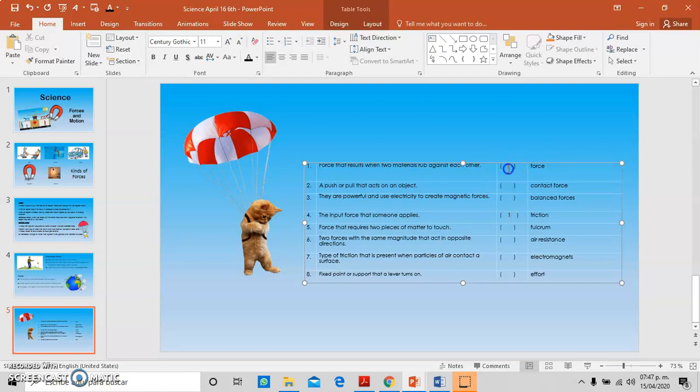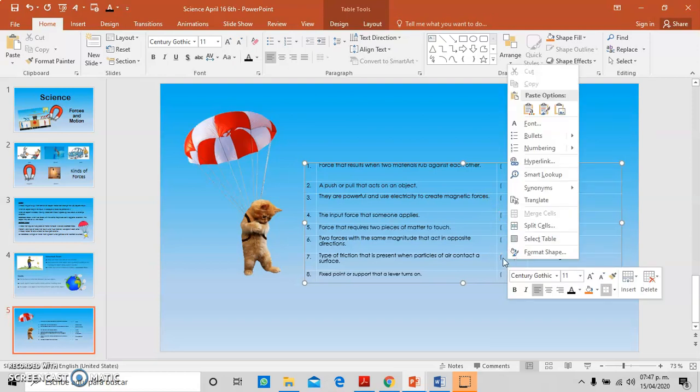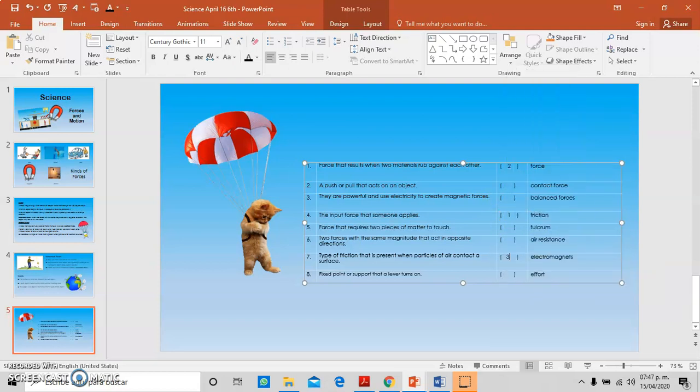Yes, the force. Number 3, they are powerful and use electricity to create magnetic forces. You have already read this. Yes, electromagnets. 4, the input force that someone applies. Yes, effort.